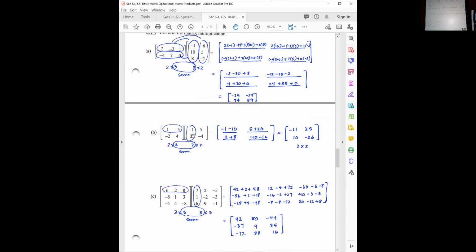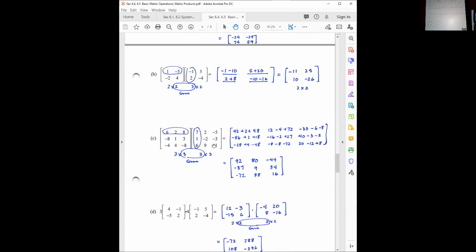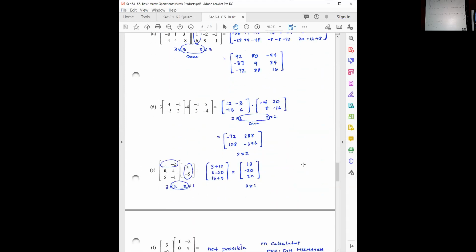Over here, if you have a 2x2, the inner dimensions match. So the outer ones will be the result. Same deal. Here, if you multiply 3x3s, of course, you get another 3x3. This one, though, these inner ones are 2, but the outer is 3 and 1. So the result will be a 3x1.